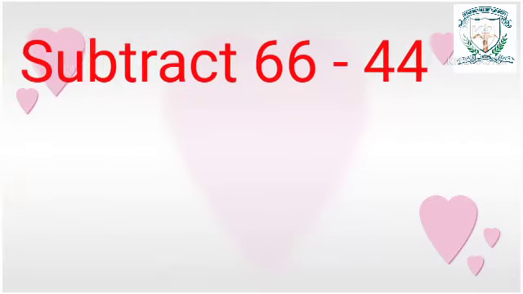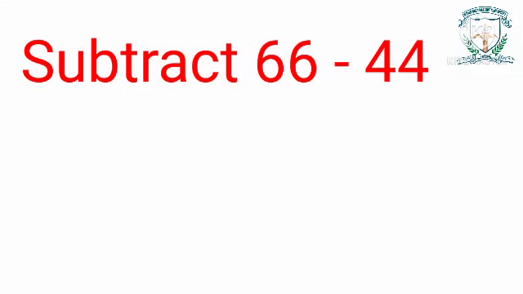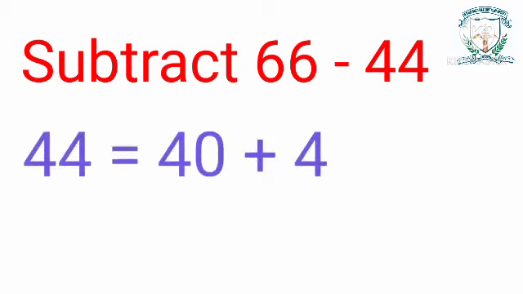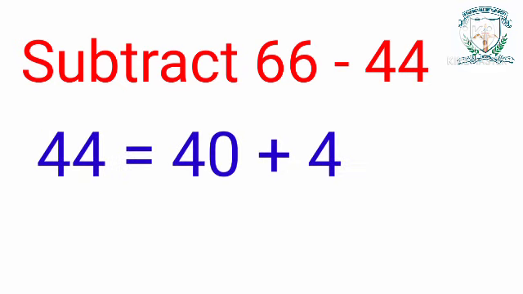Let's move on to the next problem. 66 minus 44. Before we subtract 44, we will split the number 44 as 40 plus 4. Means 44 is equal to 40 plus 4.